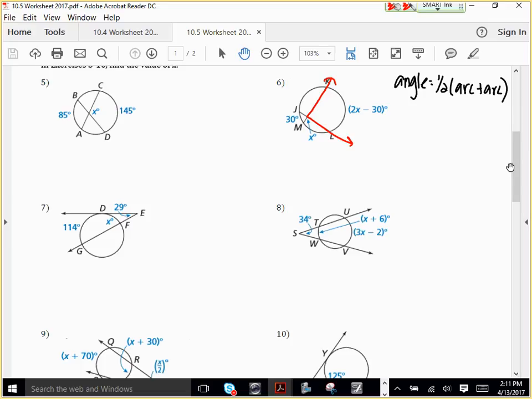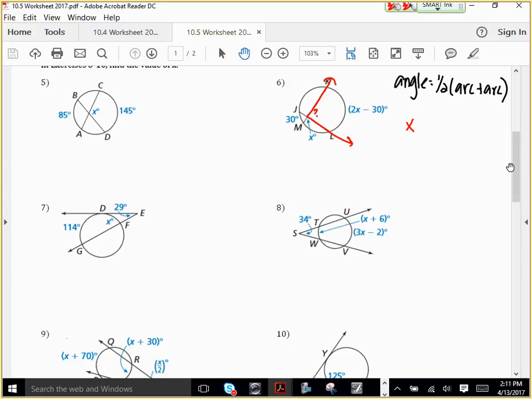So we can't just use x here, unfortunately, because the angle x does not open up to one of these arcs. We need to write something in placement for that red angle there. On the notes, we were given a number, so we just took 180 minus 80 or whatever.